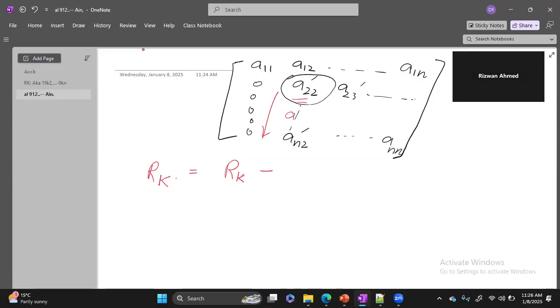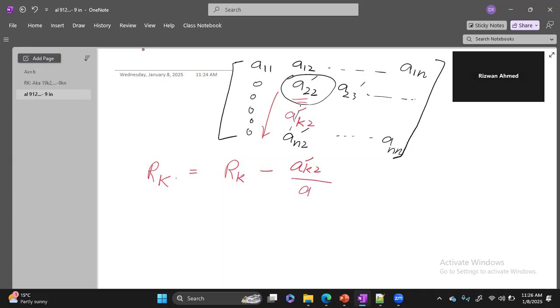So let me write here the entry A prime k2. This will be the entry to define the row operation. So the multiplier will be A prime k2, below the diagonal entry, divided by A22.